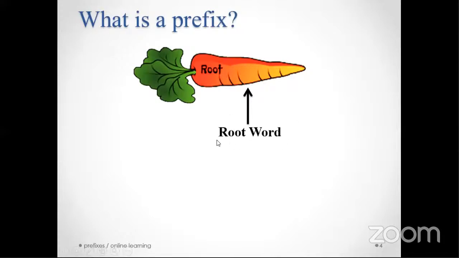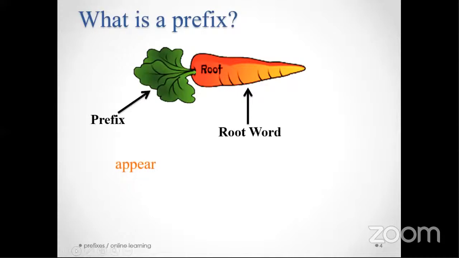In the earlier activity, unhappy, misunderstand, rewrite: the words write, understand, regular, they are the root words, the base words. And the leaves are the prefix. The prefix is the part we add in front of the word.